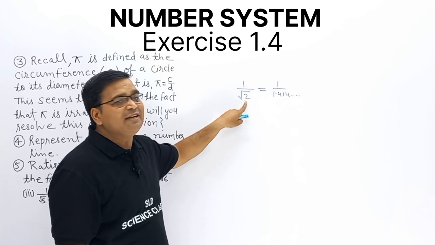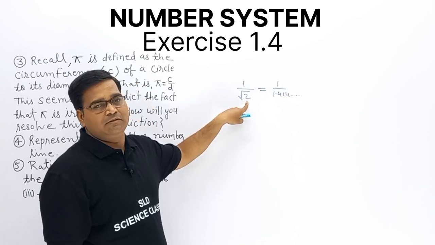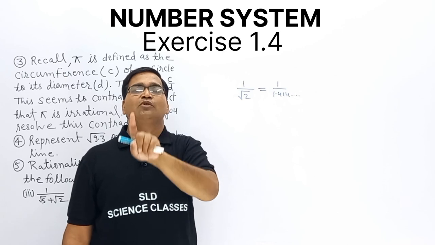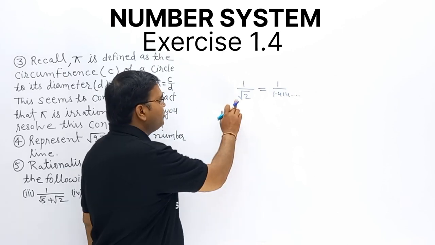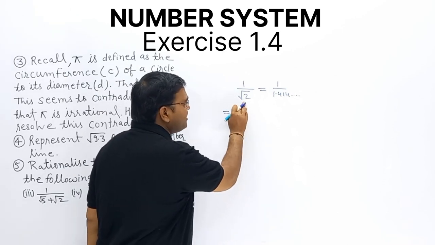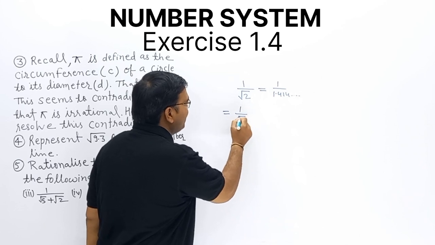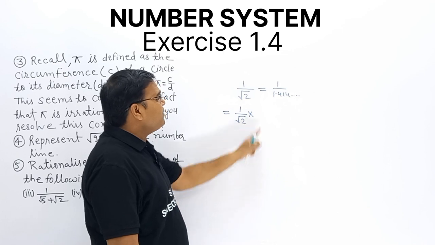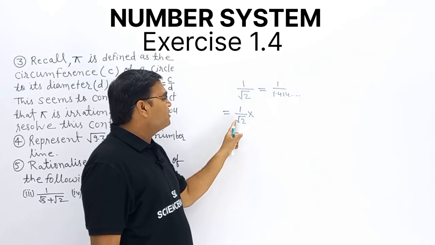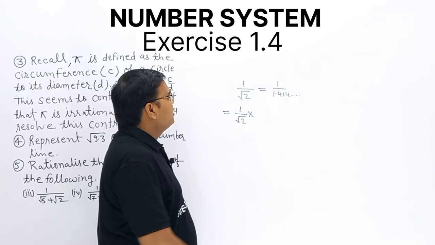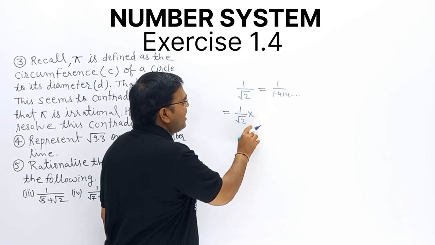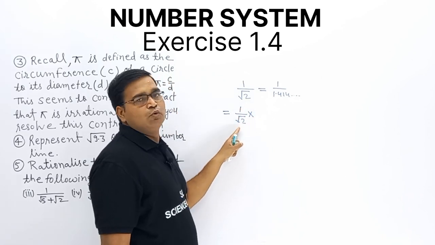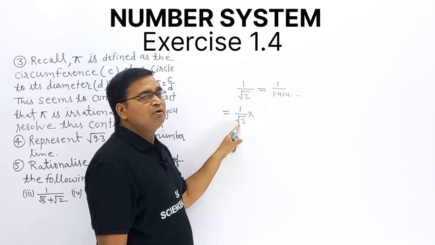So how will we remove this square root term from the denominator? We will do rationalization of the denominator. We will multiply and divide this number, 1 by root 2, by the root of its denominator.